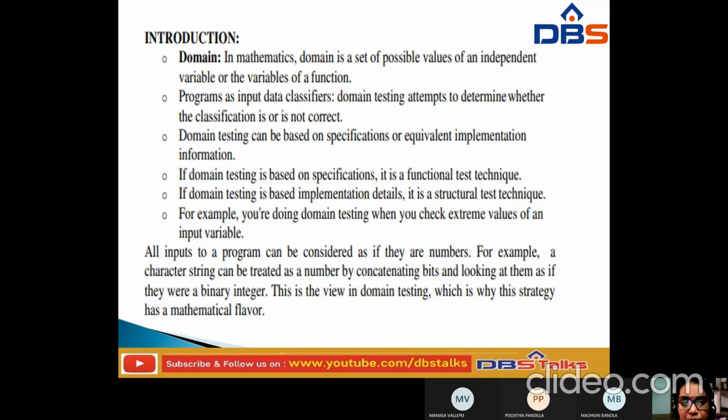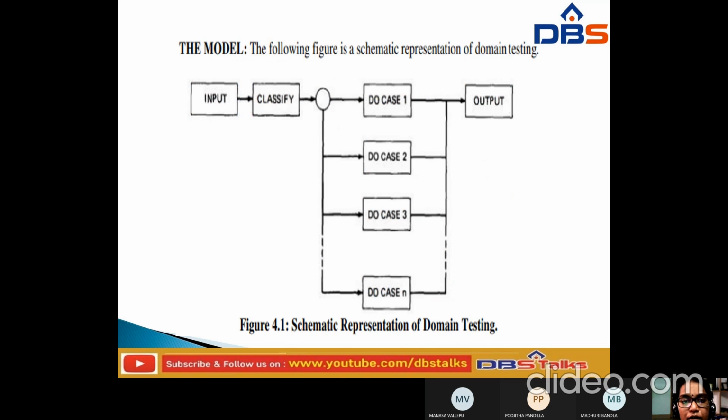We are using these rules related to domains. This is the view of domain testing, which is why this strategy has a mathematical flavor. From this we can understand why we go for these mathematical statements.